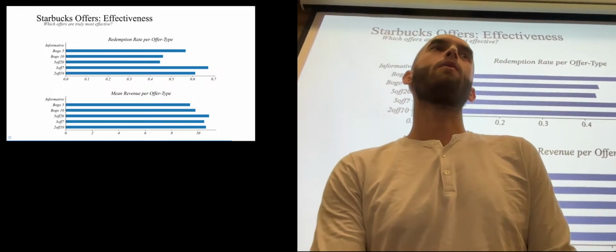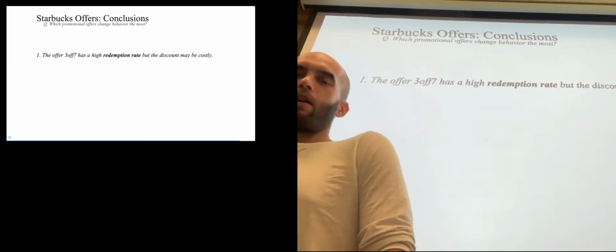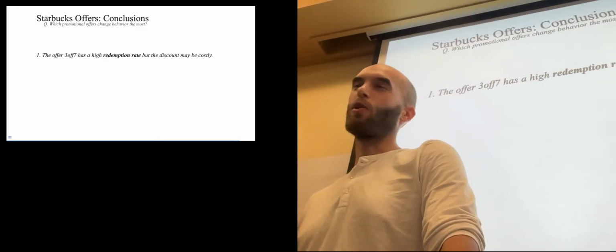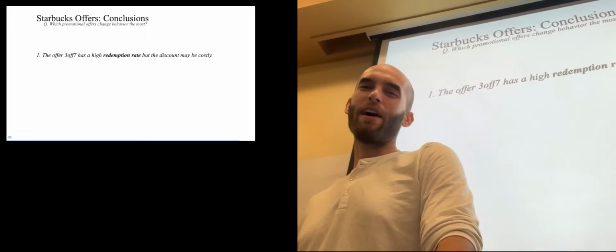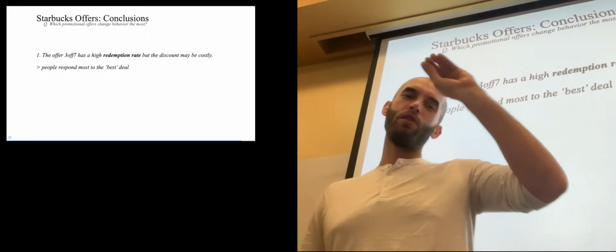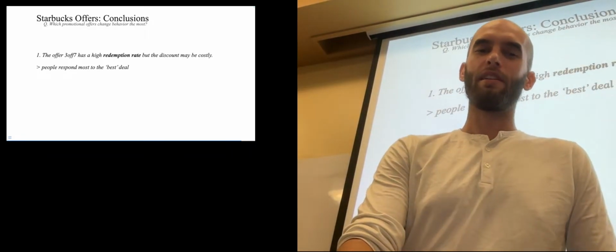Okay, so let's just go through and summarize these things. We're economists, at least I am, and I know a lot of you are, or soon will be. If we're thinking about redemption rate, I think with 3 off of 7, people are responding most to the best deal.